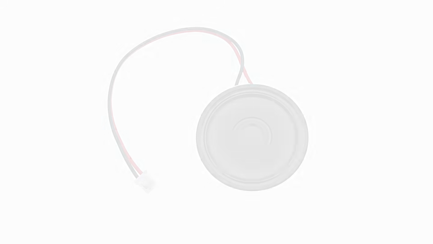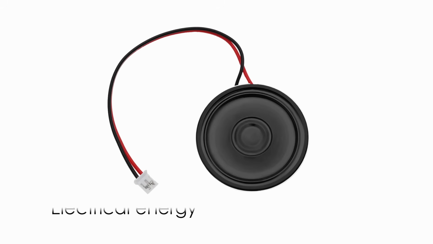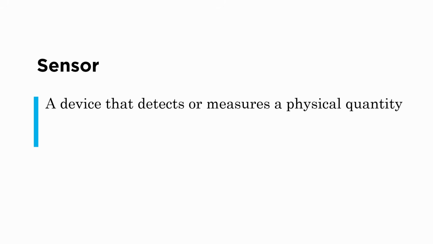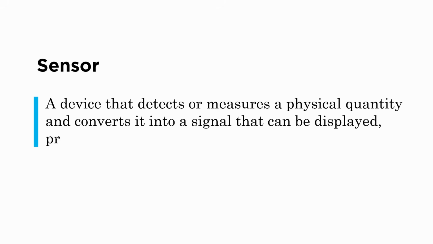For example, a loudspeaker converts electrical energy into sound energy, one form of energy into another, but it's not measuring or detecting anything. So that makes it a transducer but not a sensor. So this is the basic definition of a sensor: a device that detects or measures a physical quantity and converts it into a signal that can be displayed, processed, or used for automation.